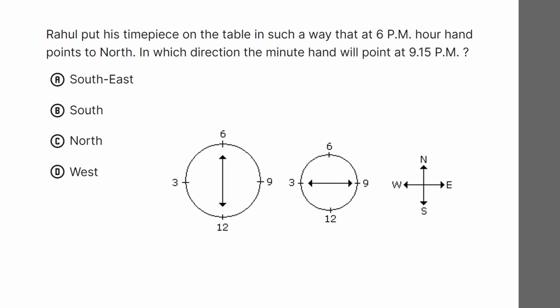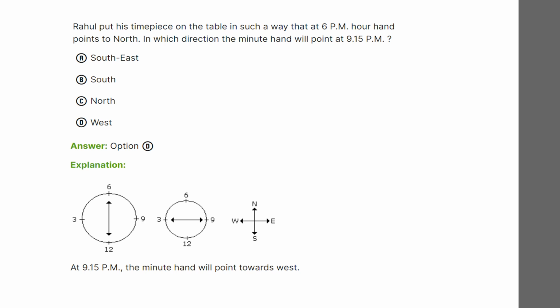And now at 9:15 you can see here that the hour needle is at 9 and the minute needle is towards 3. Now it is clearly given from the picture that the answer is D, that is west direction. Yes, since the sixth direction is towards the north and the remaining directions are clear here, ultimately we can easily make out the answer.